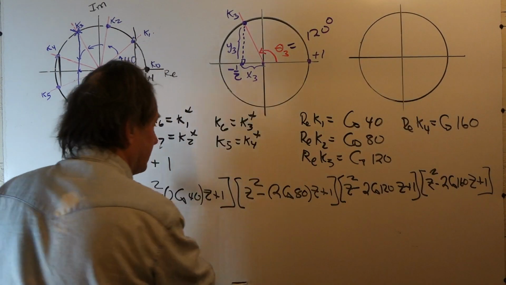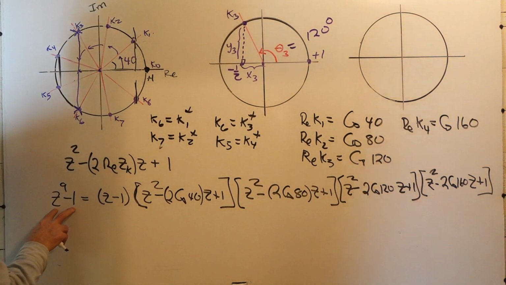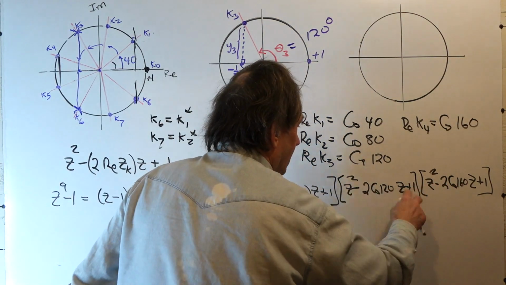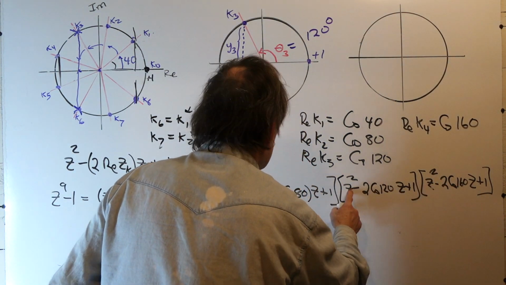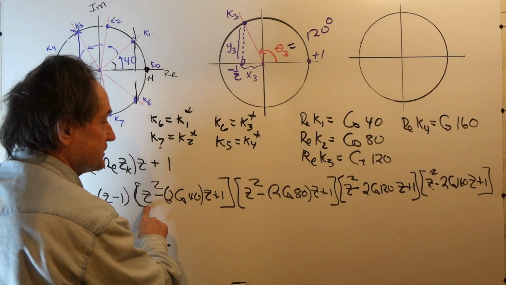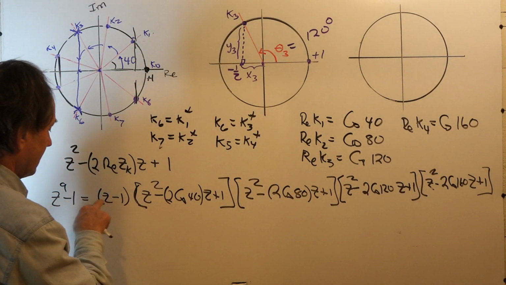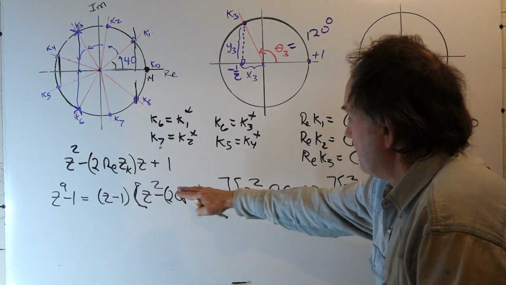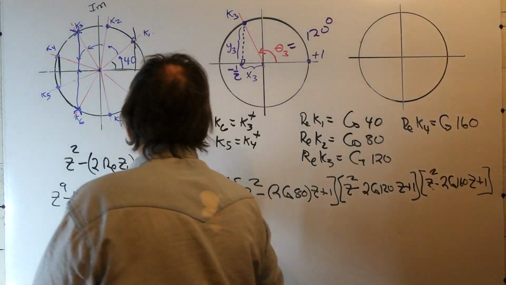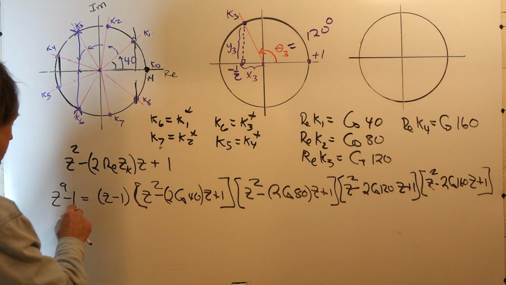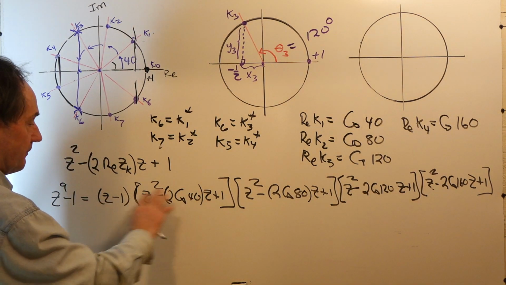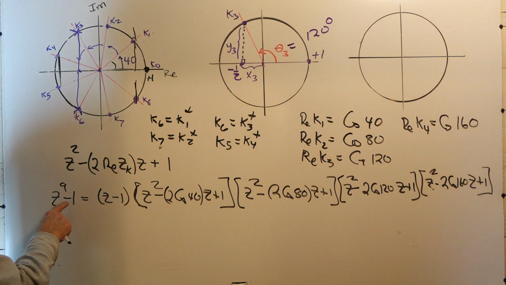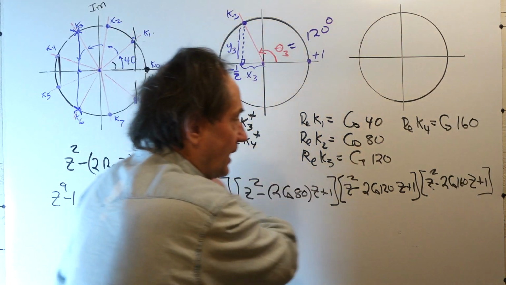And if you were to expand this out, you would end up with z to the 9th minus 1. This is a 9th order polynomial. We have z squared, z squared, z squared, z squared, so that gives us z to the 8th times z, to the 9th. So if you did all this expansion, you'll find that terms dealing with z to the first up to the z to the 8th will all drop out.